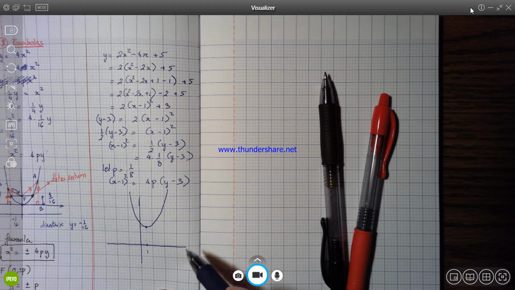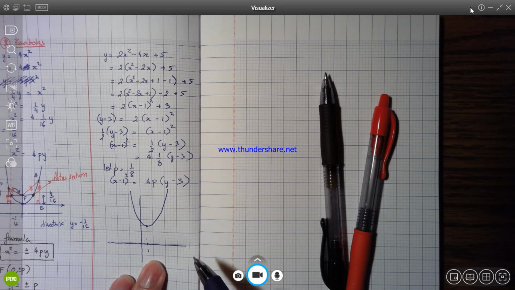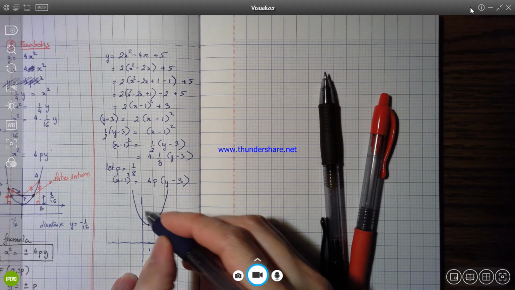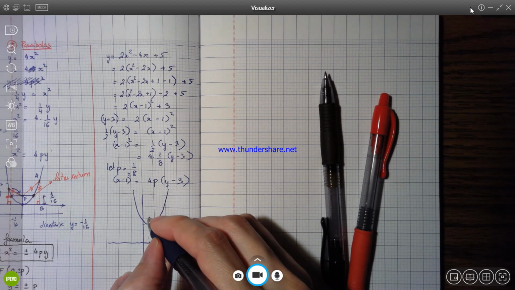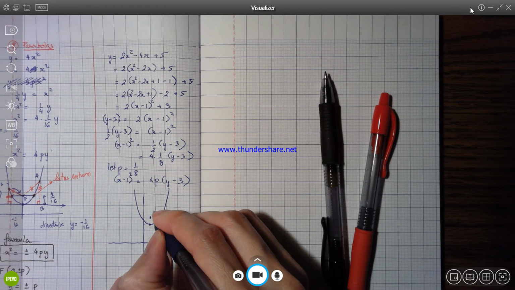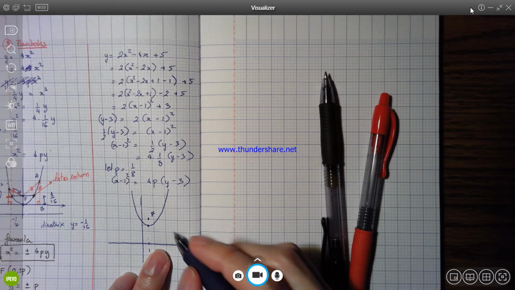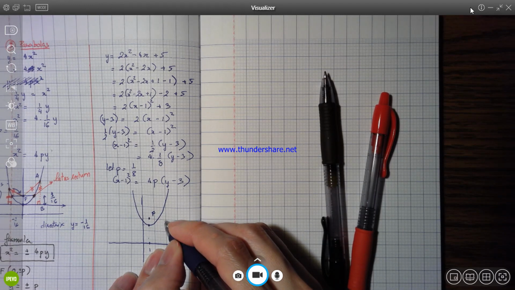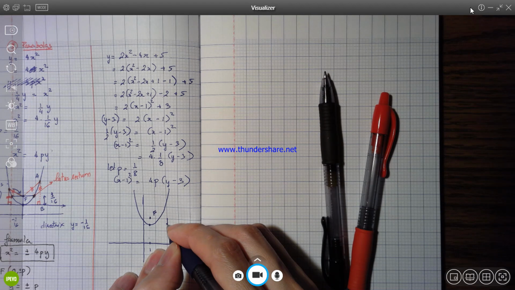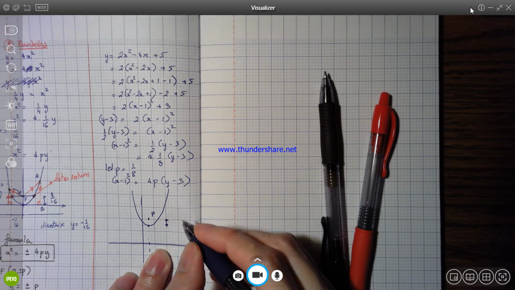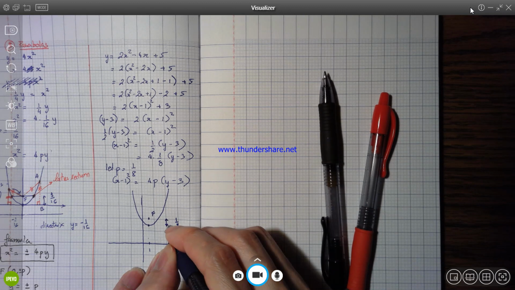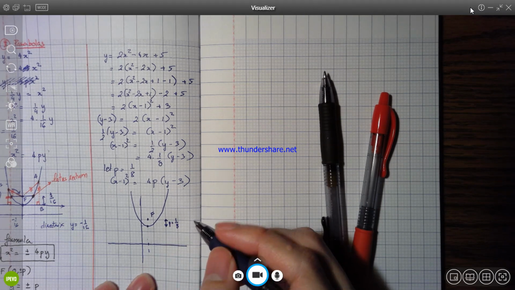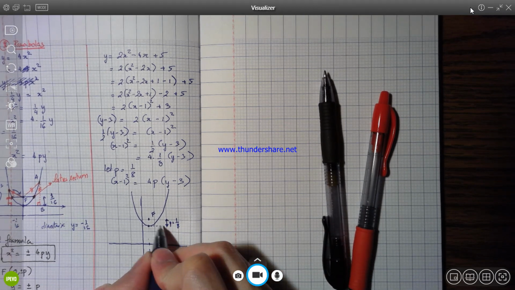So P over here is also the distance from the vertex to a point inside the parabola, which we also call the focus. So P is from here to here, so P will be 1/8.